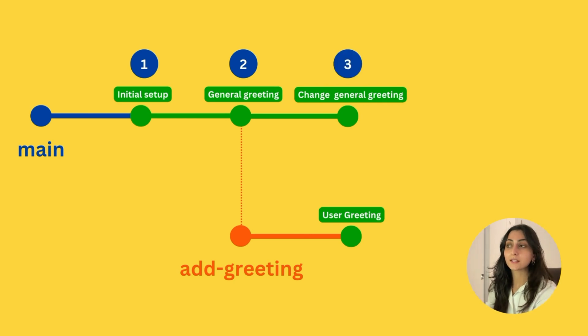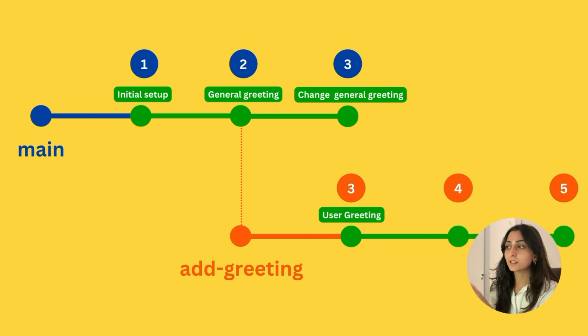And the third one is change general greeting. For add greeting, commits 1 and 2 are the same as main, but the third one is different: it's user greeting. So even though they have the same number of commits, they're not the same, right? It would be exactly the same concept if we added more commits to, let's say, add greeting. We would have numbers 4 and 5, which would be completely different from the ones present in main.